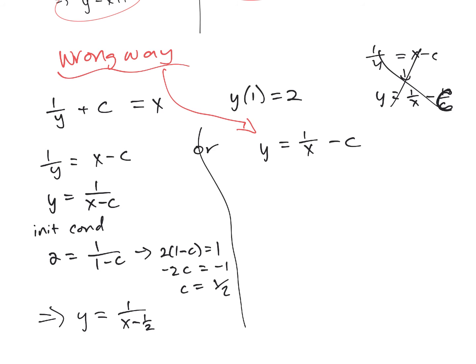And then if I do it this wrong way over here, if I plug in my initial condition, I get 2 equals 1 over 1 minus c, and then c equals negative 1. And so our final answer would look like y equals 1 over x plus 1. Okay, and these are obviously not the same.